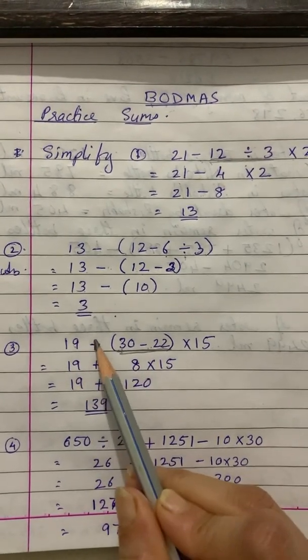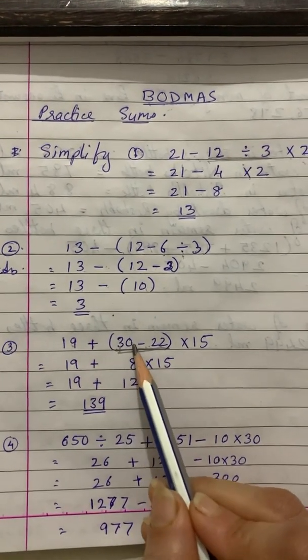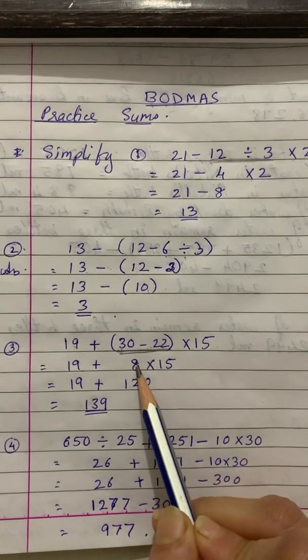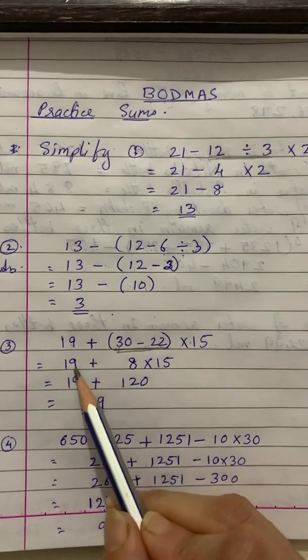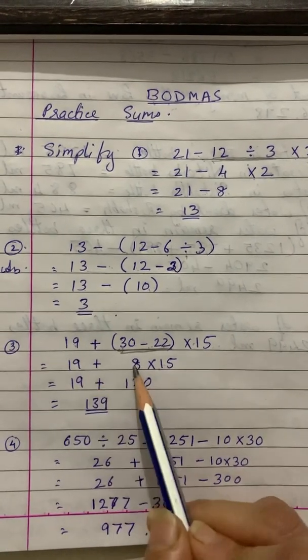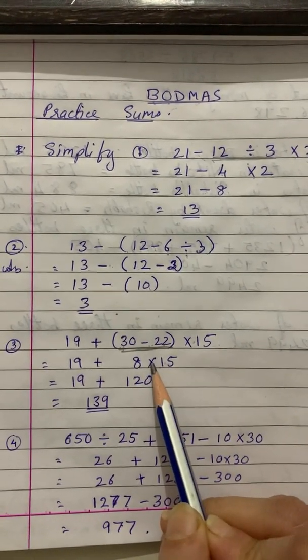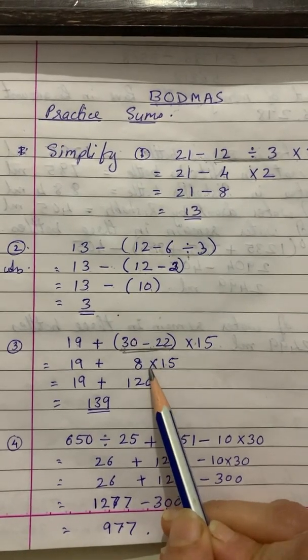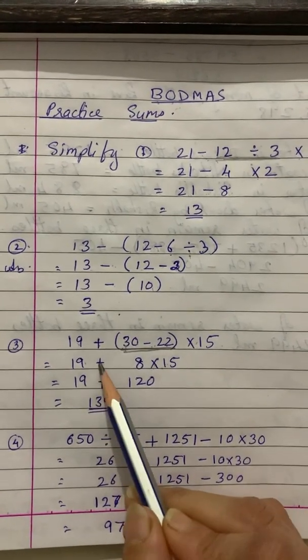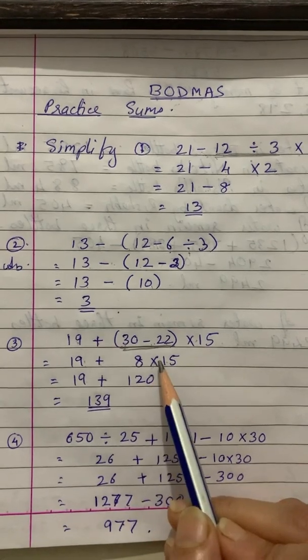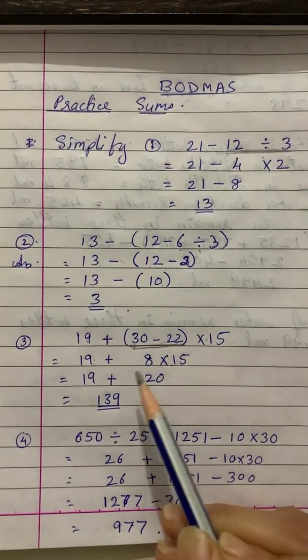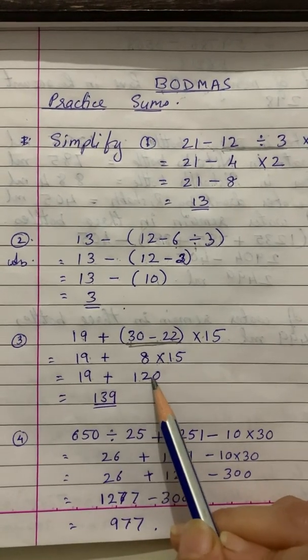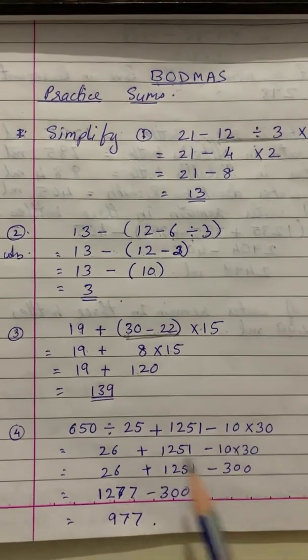So 19 plus, 30 minus 22 is 8, into 15. Now in this equation we have addition and multiplication. So we will be solving multiplication first. So 19 plus we will write as it is, 8 into 15 is 120. So 19 plus 120 is 139.